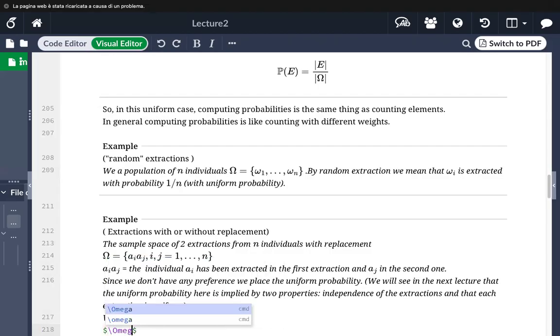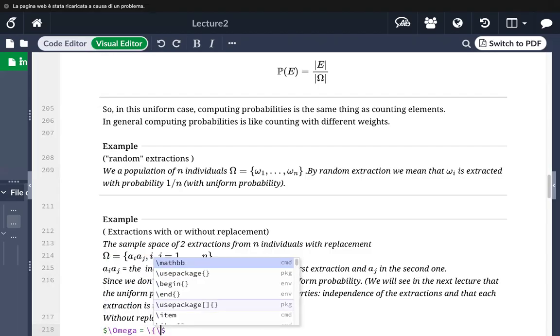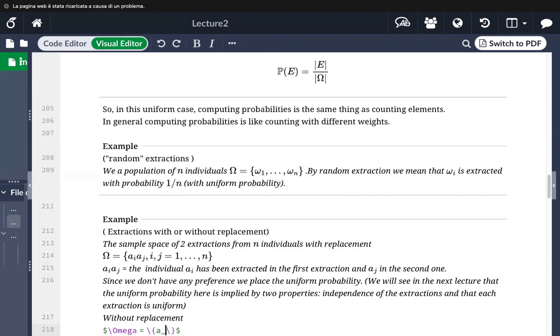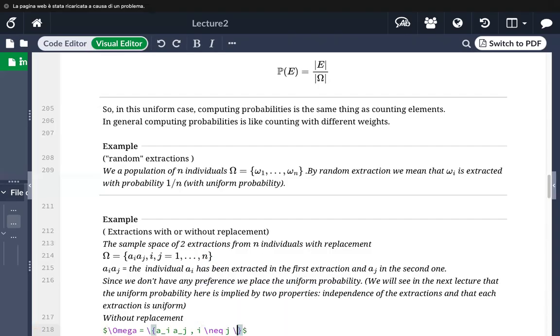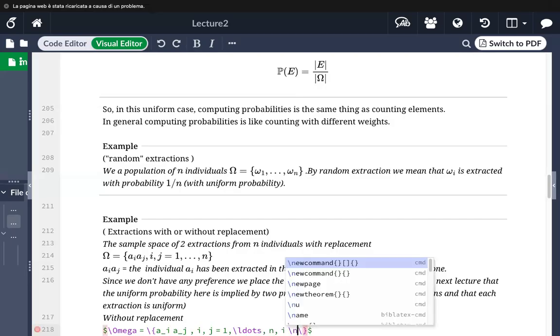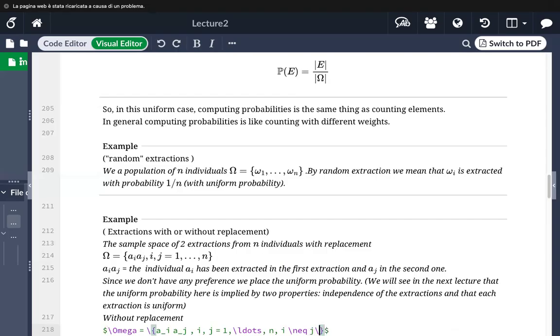So instead, without replacement, omega is simply equal to the set of pairs A_i, A_j, where i is different from j. So where i and j go from 1 to n, but i is not equal to j.